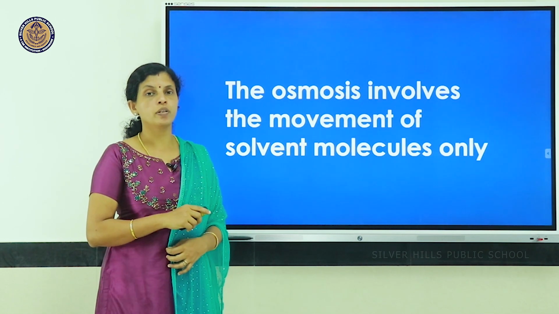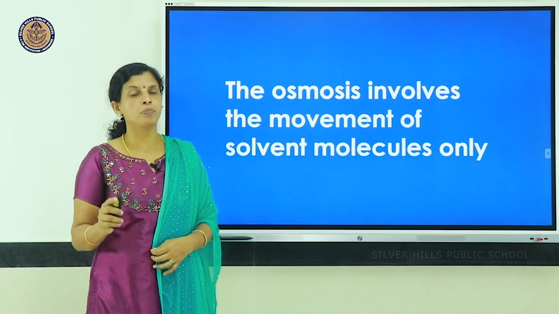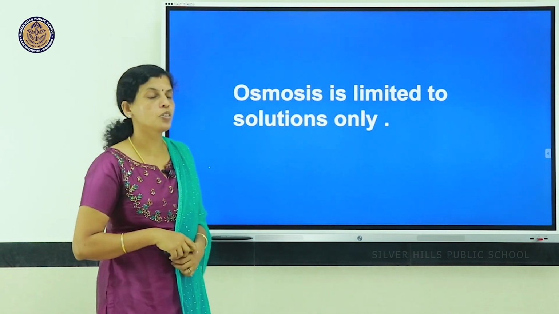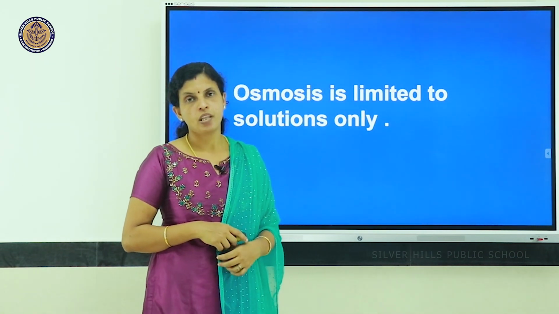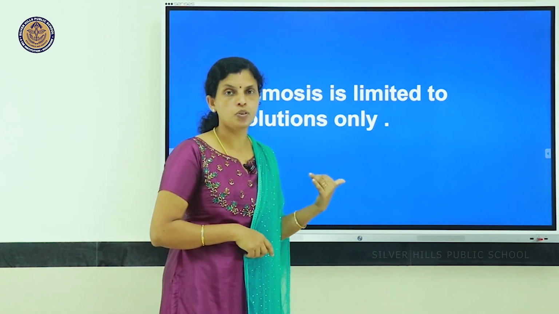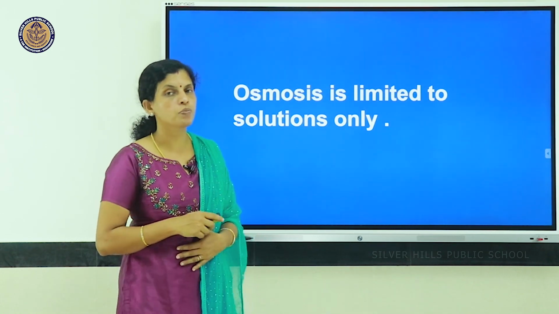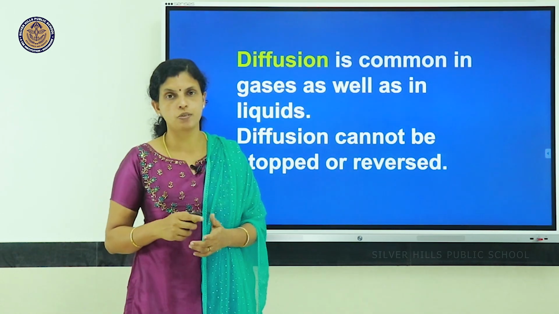That is why it is only through a semi-permeable membrane, which allows only the passage of solvent molecules. And one more important point is that osmosis is limited to solutions only.